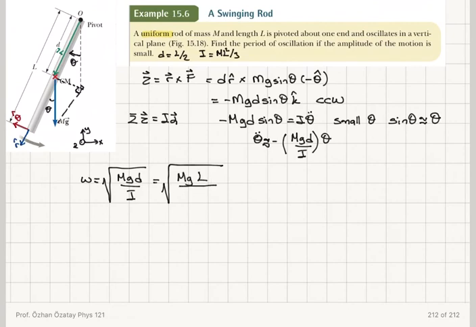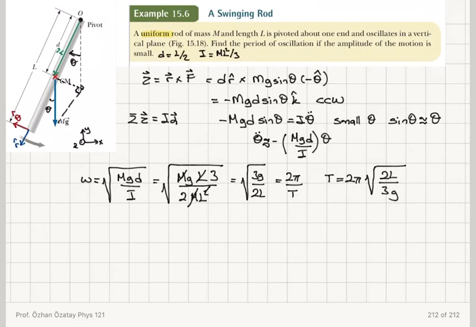Now I can substitute for I, mL squared over 3, and for d, L over 2. So this will be equal to square root of mg L over 2, and then ML squared, and then I'm going to get the 3 upstairs. So this L will get rid of this L, this M will get rid of this M, and I will be left with square root of 3g over 2L.